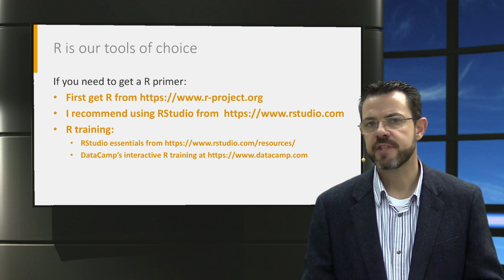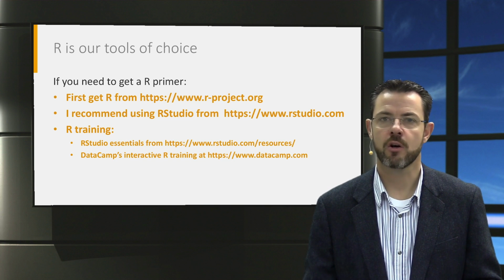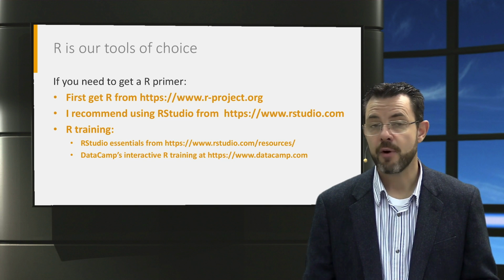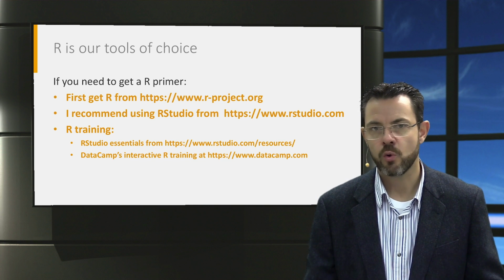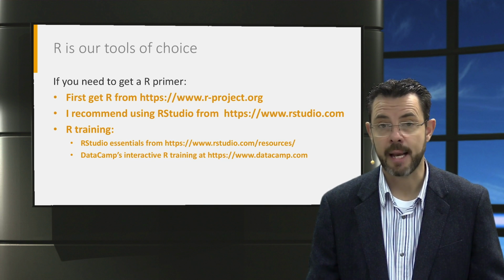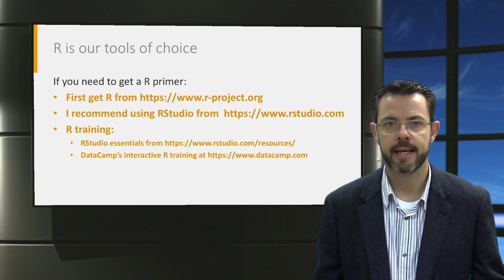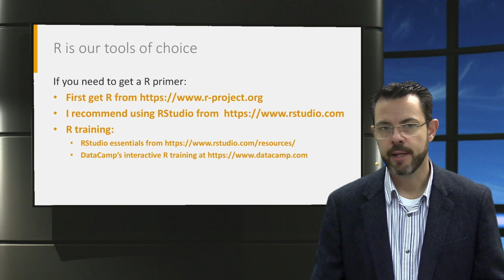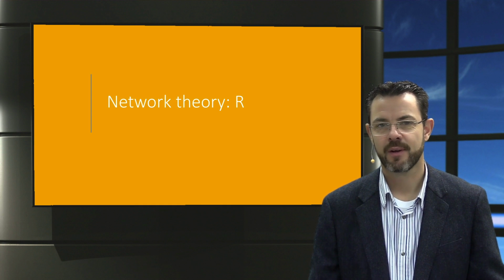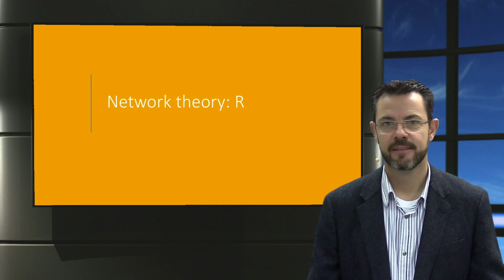There are the R Studio Essentials videos on R Studio's website, but my recommendation would be to look at the nice interactive R courses that are available on DataCamp. There are a number of free introductory courses on R, and I believe they all use R Studio as the GUI. Now, let's get busy.